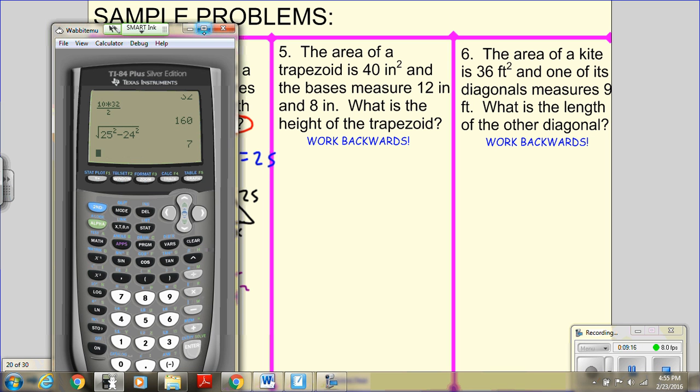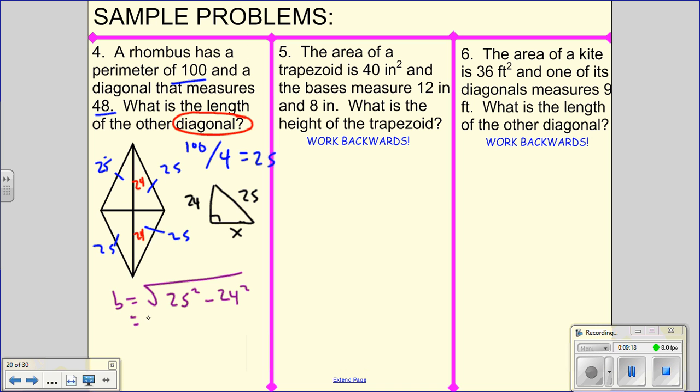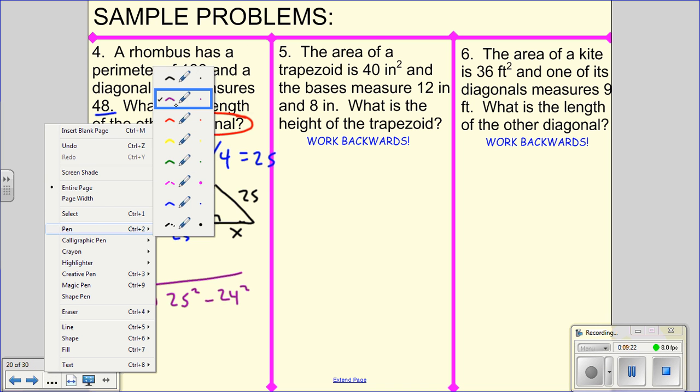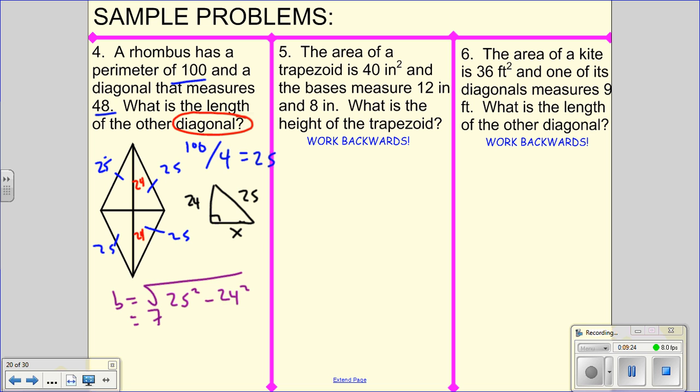And you get 7. So B is equal to 7. So in other words, this piece is 7. So that means this piece is also 7. So the diagonal is equal to 14 units.